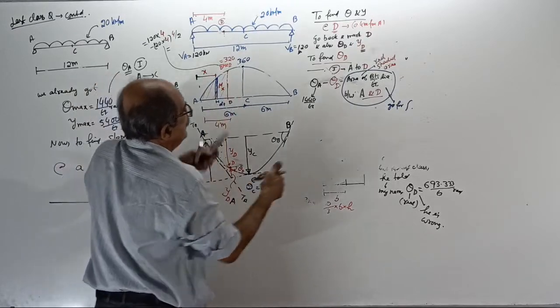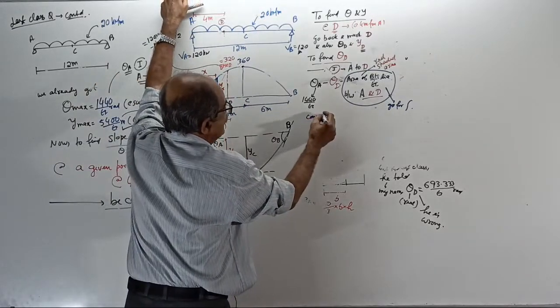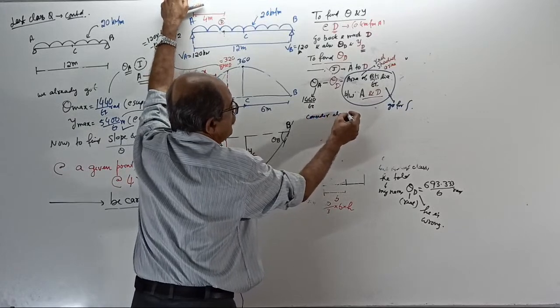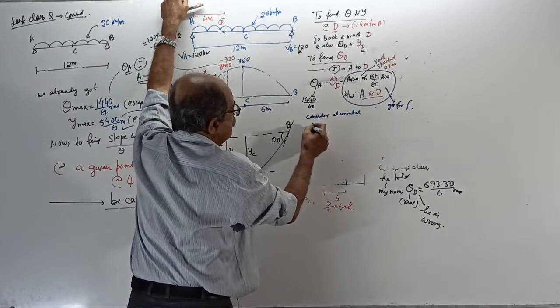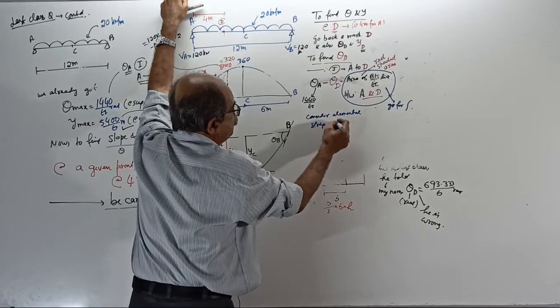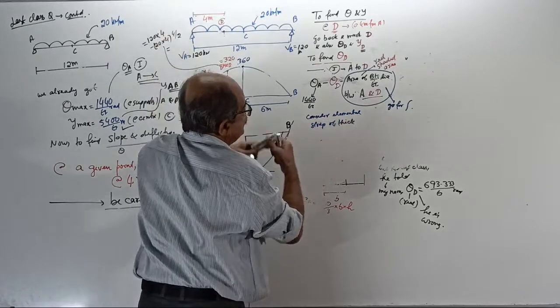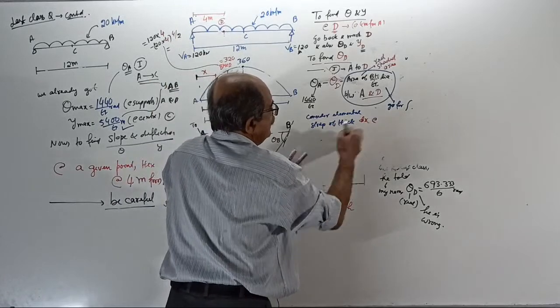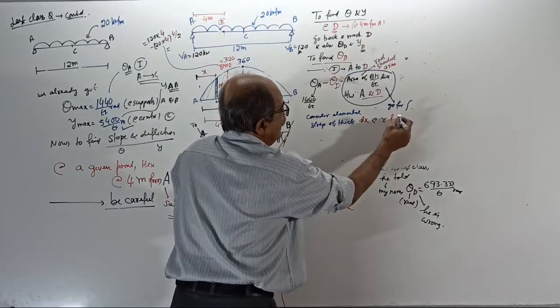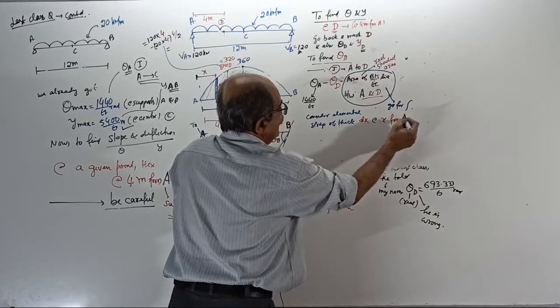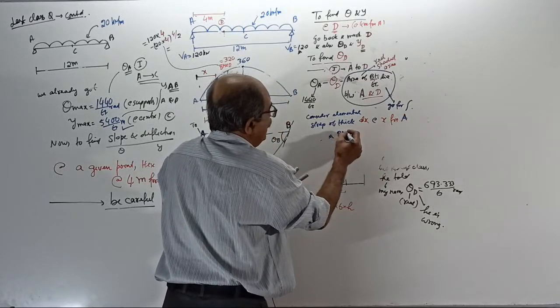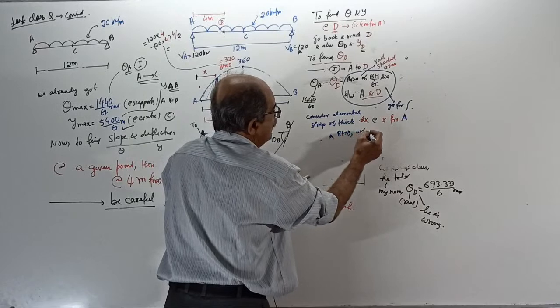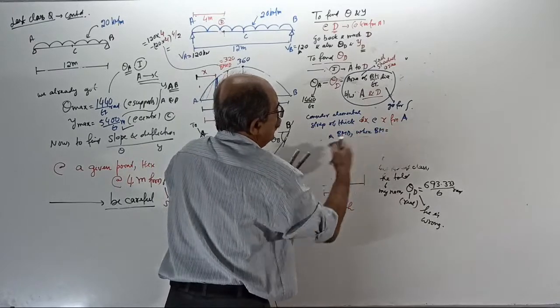So what you do is consider an elemental strip of thickness dx at x from A, in the BMD where the bending moment equals Mx.